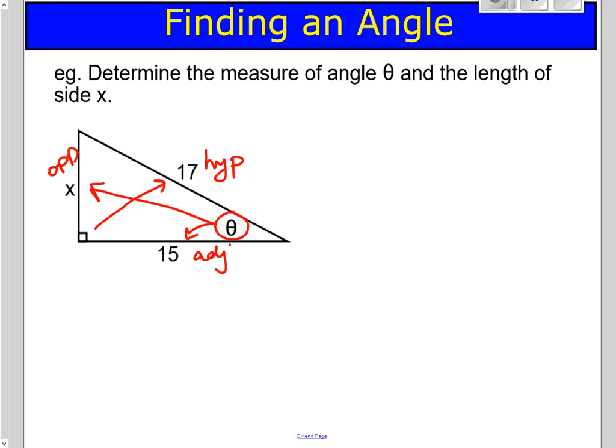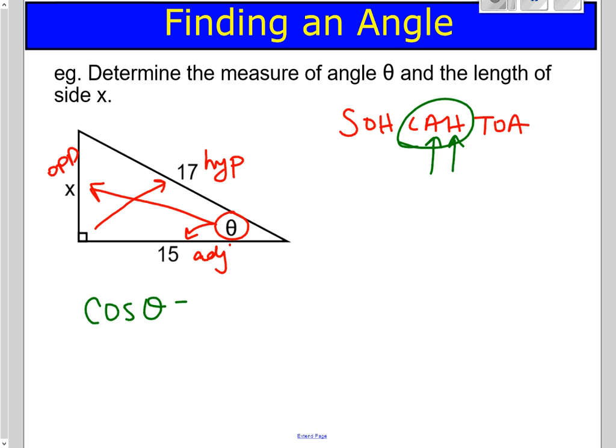And the two sides that I know are adjacent and hypotenuse. So SOH CAH TOA, which one has adjacent and hypotenuse in it? That would have to be cosine. So I'm going to say cos theta equals my adjacent side, which is 15, over my hypotenuse, which is 17.